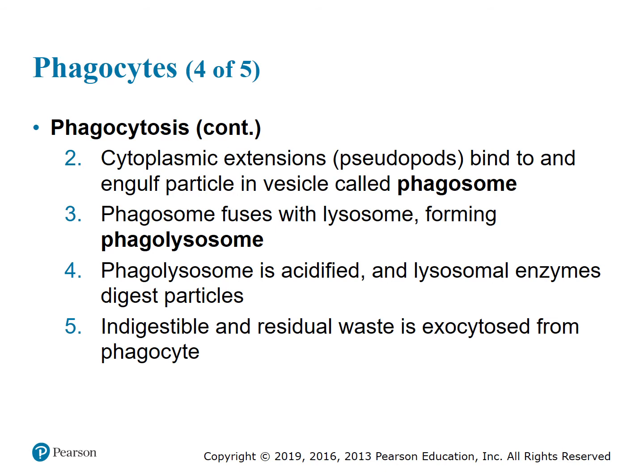And then the phagolysosome is acidified, and lysosomal enzymes digest particles. Remember from a previous chapter, we talked about how lysosomes took care of intracellular digestion. And anything that's indigestible and residual waste is exocytosed from the phagocyte, discarded to the outside.